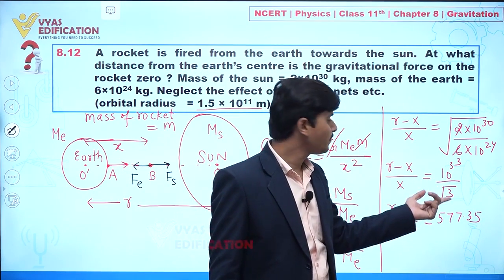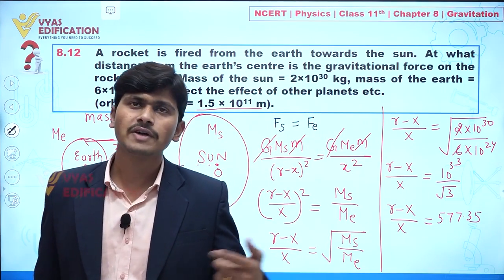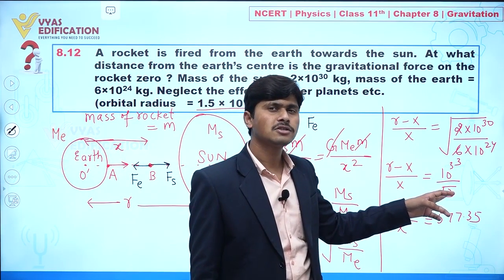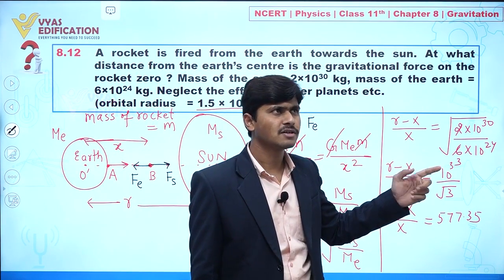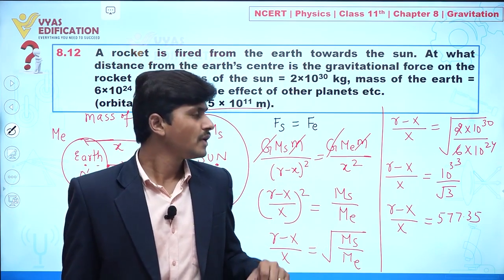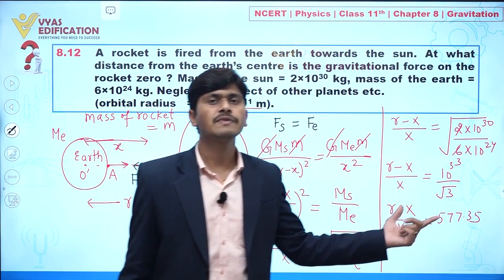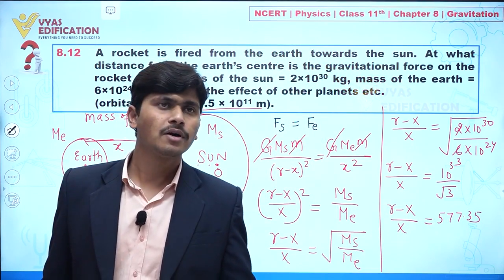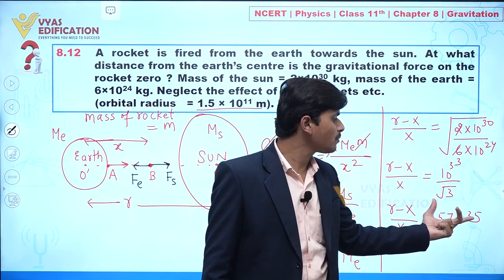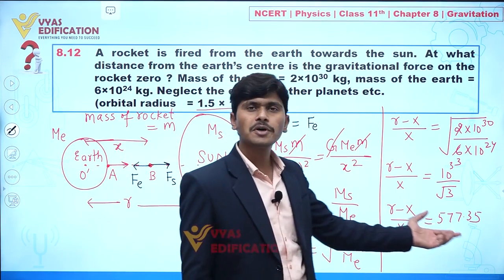Suppose I take under root 3 as approximately 1.73, or let's say 1.75. So 1000 divided by 1.75, approximately you will get 577.35.